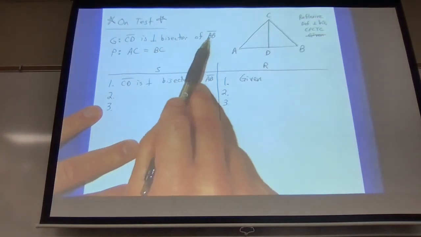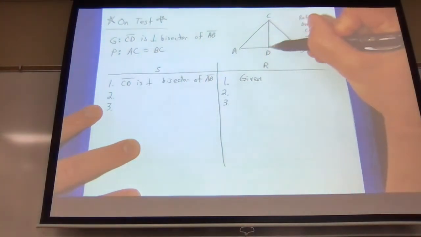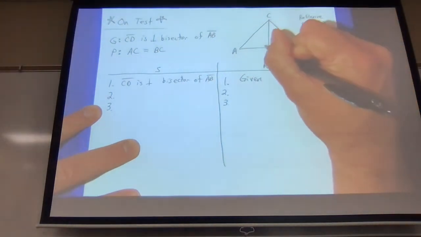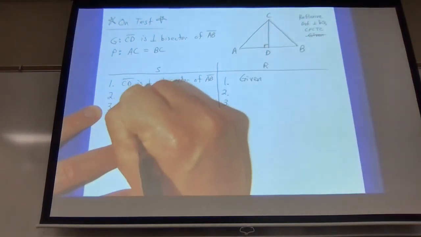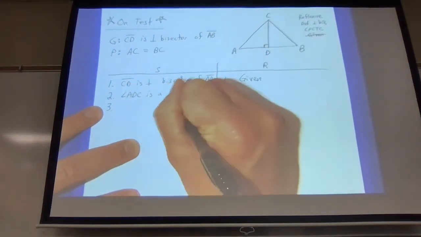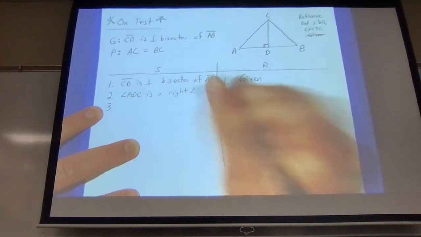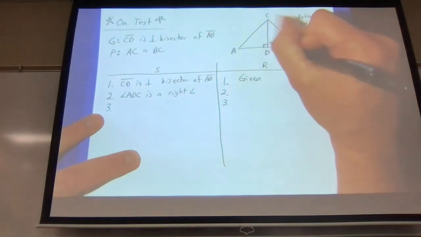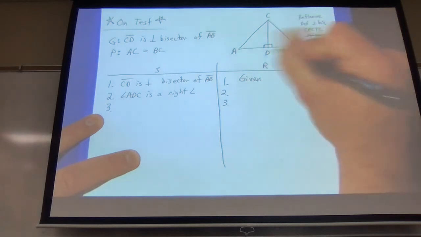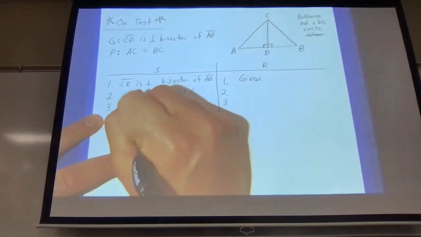If CD is perpendicular to AB, that means where CD comes down here and hits AB, we're going to get 2 right angles. One of them is going to be here. That's going to be angle ADC. That's going to be a right angle. And the other one's going to be on the other side right here. That's angle BDC. It's going to be a right angle.